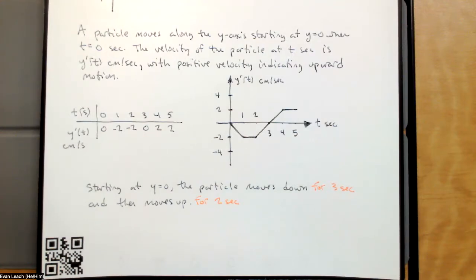Or we could say moves down for t equals 0 to t equals 3, and then moves up for t equals 3 to t equals 5. We know that the particle is moving down because its velocity is negative for 3 seconds, and it's moving up because the velocity is positive.